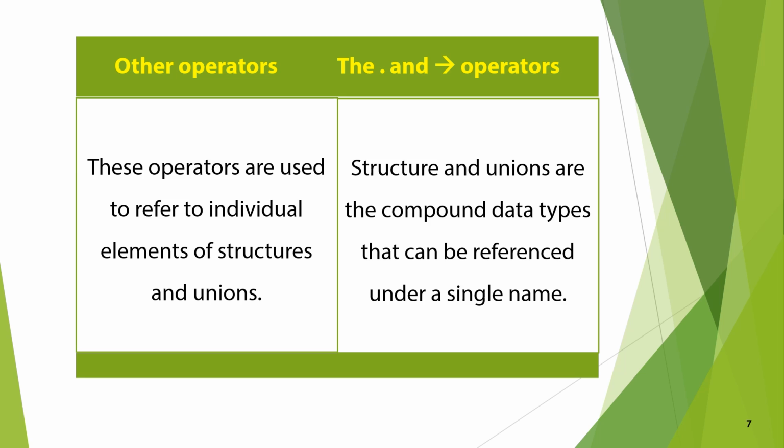If we want to access any member of the structure or union, we can use the dot and arrow operators. The arrow operator is used whenever we are accessing a structure or union by using pointers. Again, we will see these two operators in detail while learning pointers.